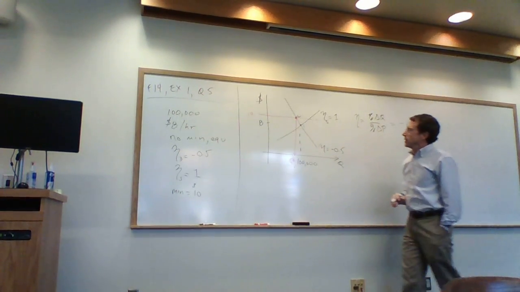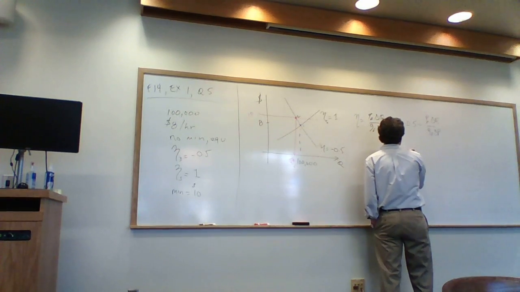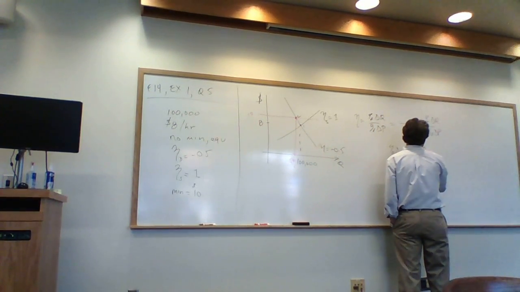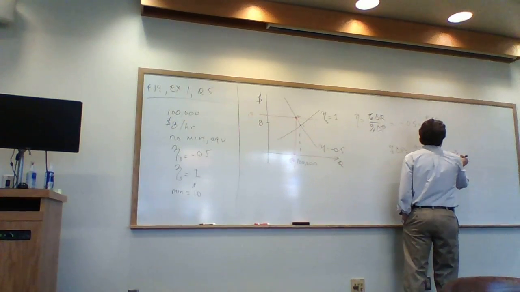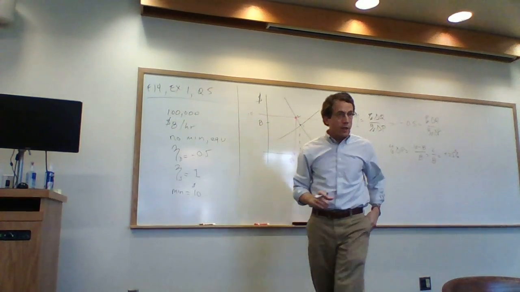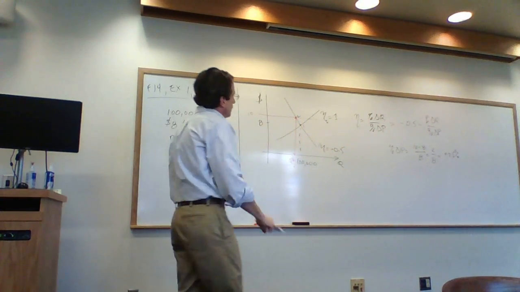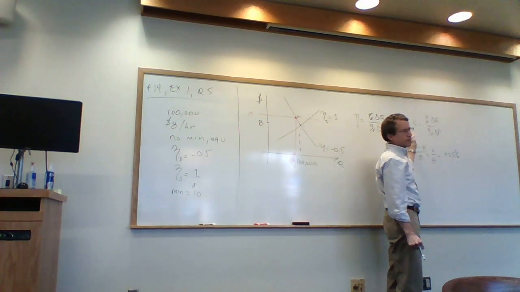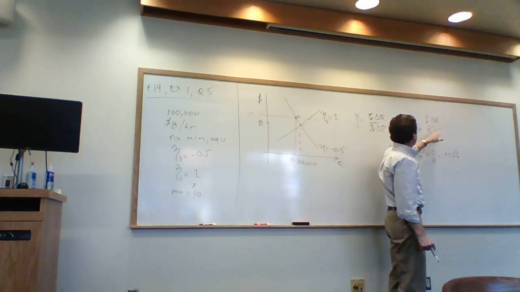So we use the demand elasticity, and I know that the price is going up by 25%. I've got two points along the demand curve, so that's why I'm using demand elasticity. I don't know the percentage change in Q, that's what I want to find.